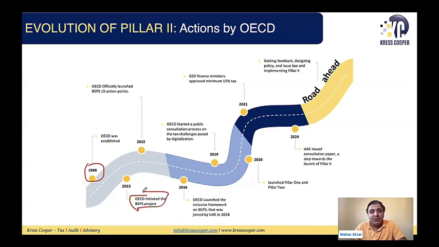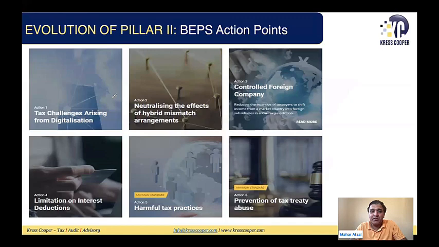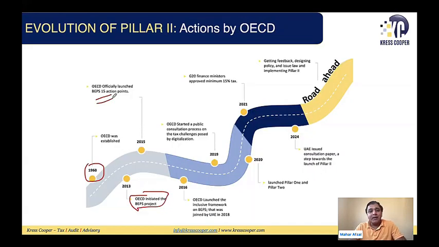Then in 2015, the OECD officially launched the 15 BEPS action points. I've already told you these are the 15 action points. In 2016, the OECD launched the inclusive framework. As I told you, there are only 38 member countries of the OECD.